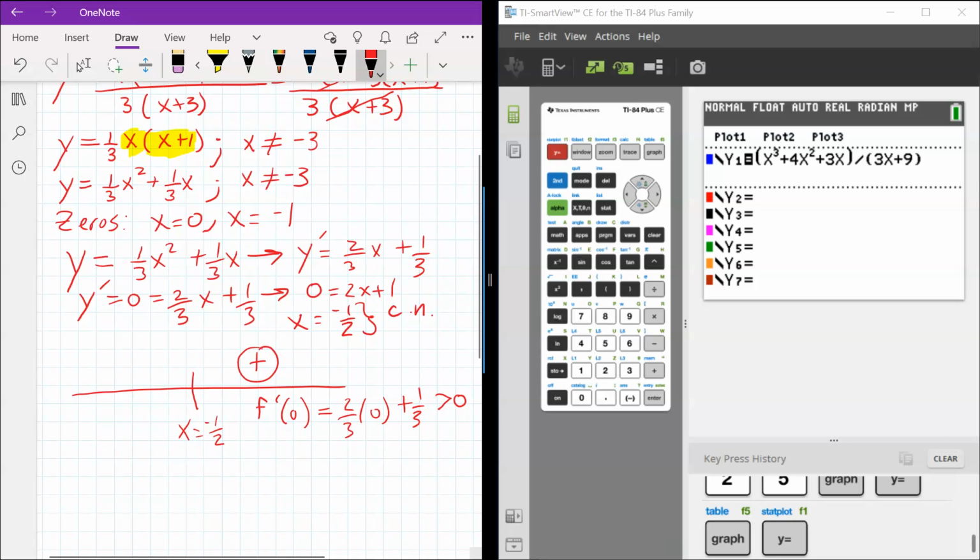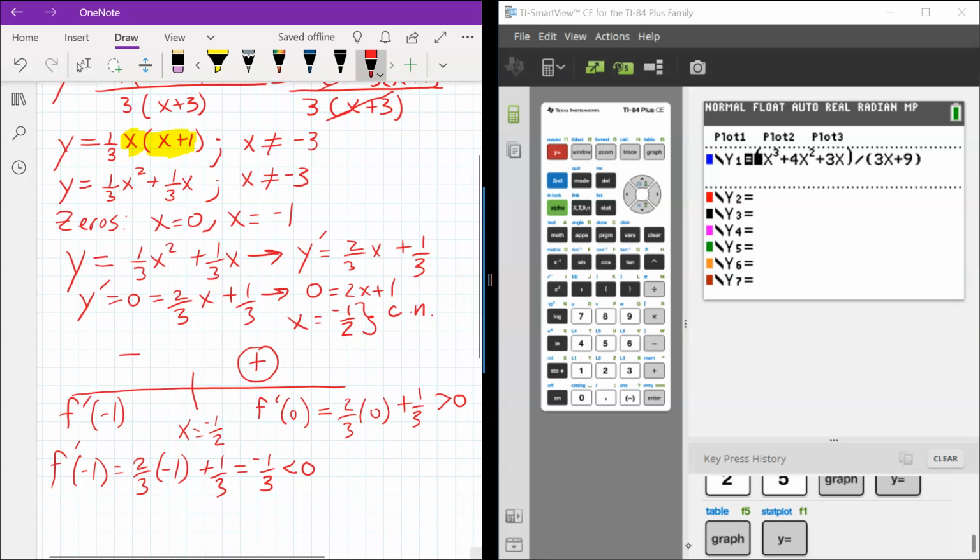At x equal -1/2, the derivative was 0. Let's test over here on the left-hand side of -1/2. How about f prime at, let's say, -1? So f prime at -1 equals 2/3 times -1 plus 1/3. It's -2/3 plus 1/3, which would be -1/3, which we know is less than 0.